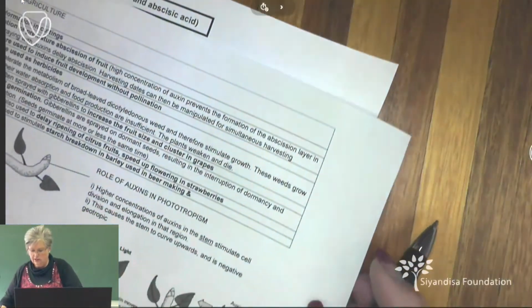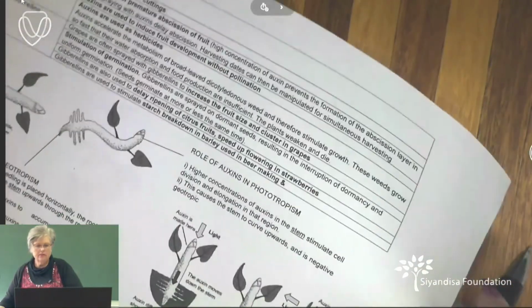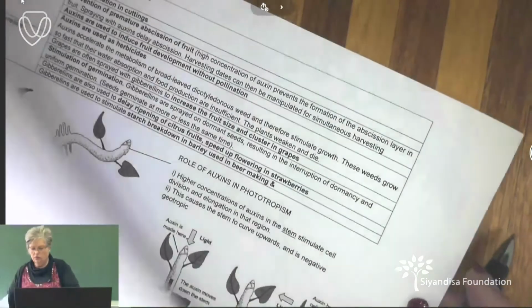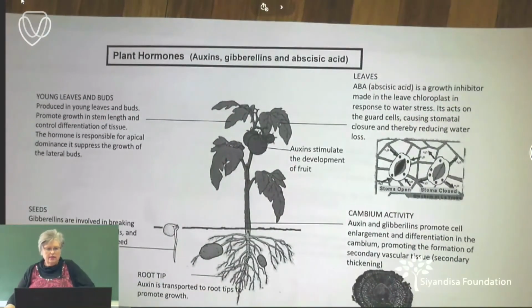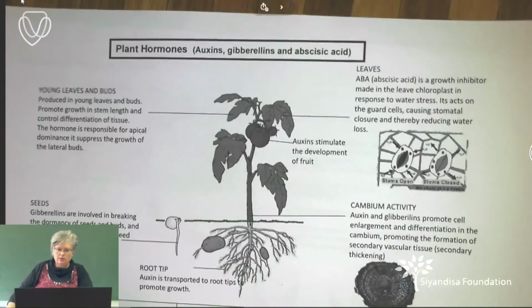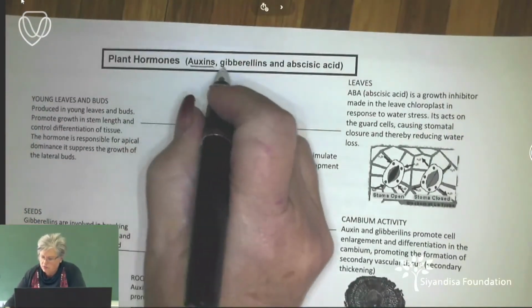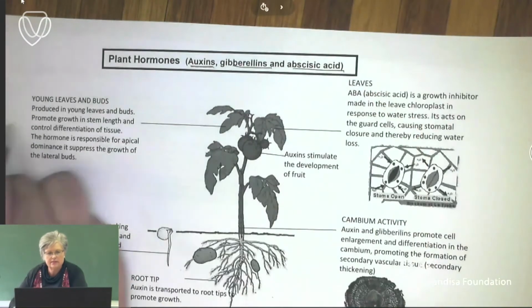Then the last part of chemical coordination is that we must know the plant hormones. The three plant hormones that we must know are auxins, gibberellins, and ascorbic acid.